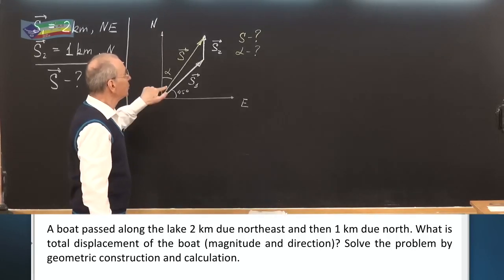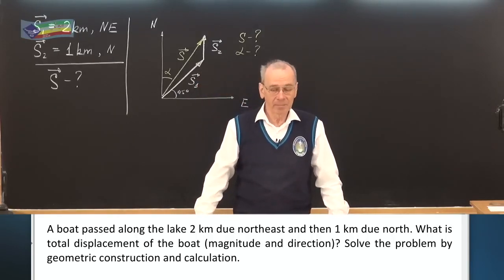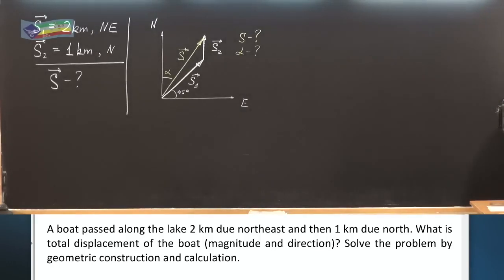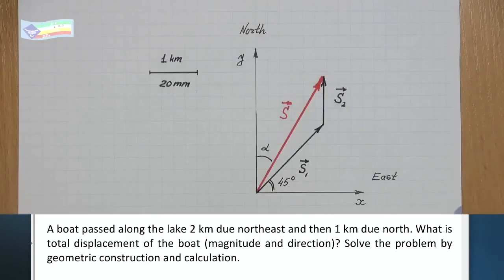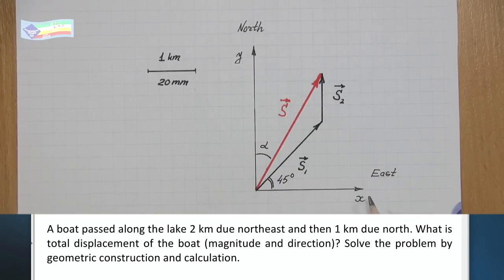So let us redraw this diagram using a piece of checkered paper from a student notebook. We use the scale 1 kilometer corresponds to 20 millimeters or 4 cells of the paper. Northern direction is here and eastern direction along the x-axis.